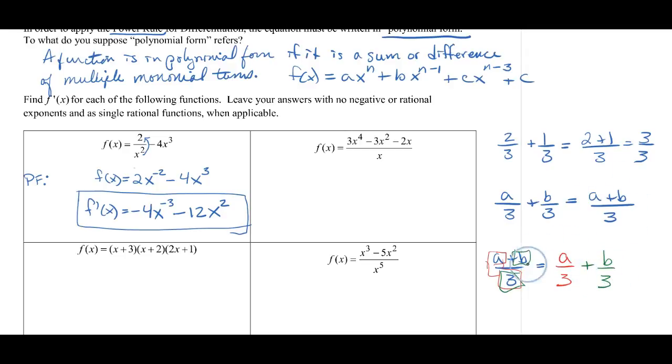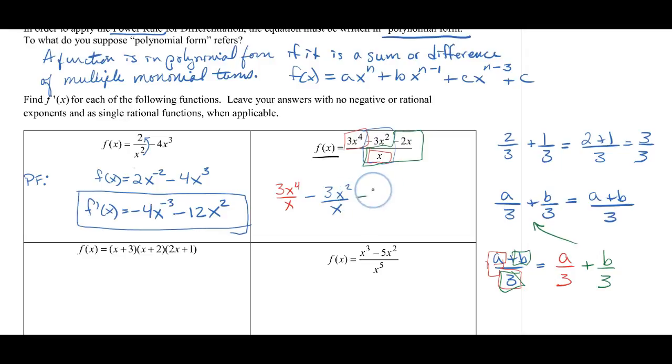All I'm doing is pulling this fraction back apart from where it would have been before I combined over the common denominator. So in this example, f of x, I'm going to take each of these numerator terms and write it over the denominator. Negative 3x squared over x.